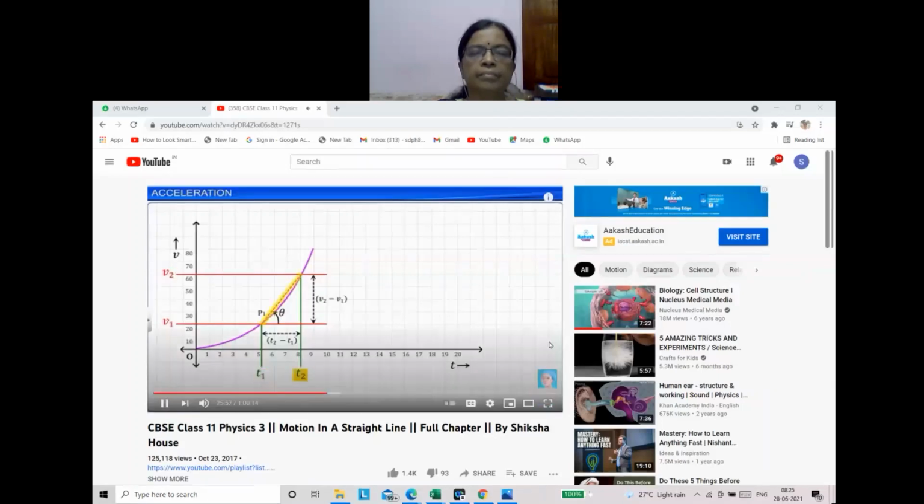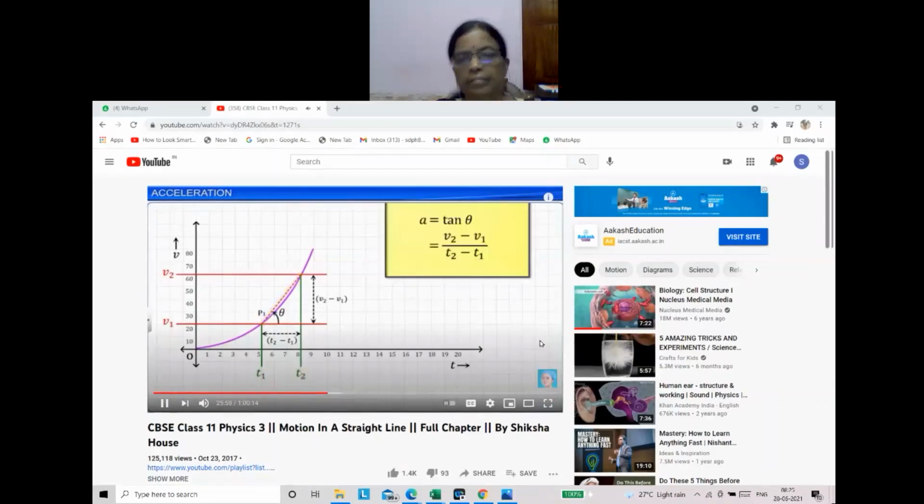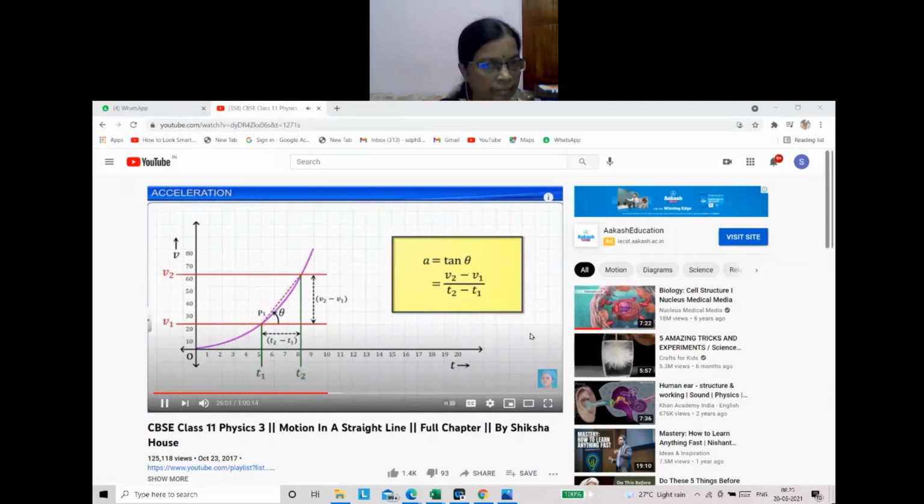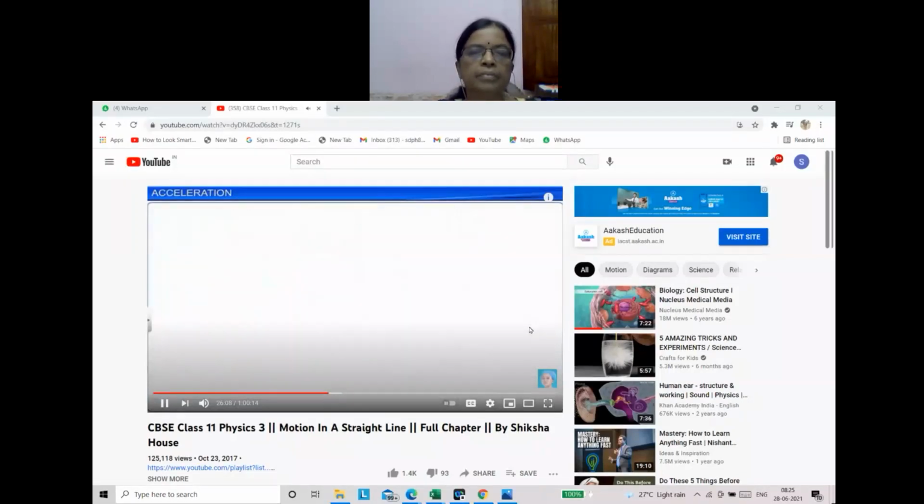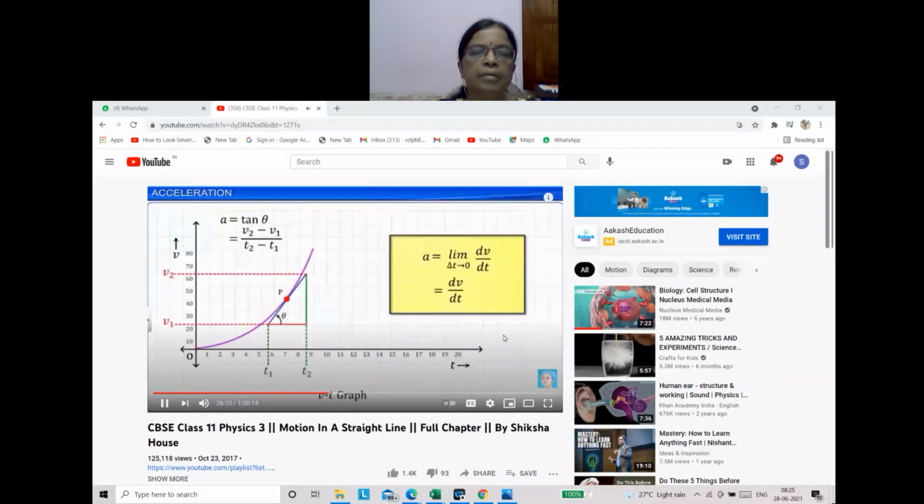Just as we defined instantaneous velocity, we can similarly define instantaneous acceleration. On the VT graph, instantaneous acceleration at any point on the curve is represented by the slope of the tangent drawn at that point.